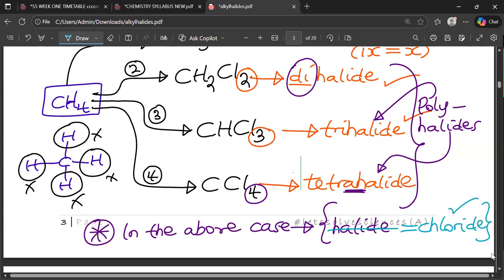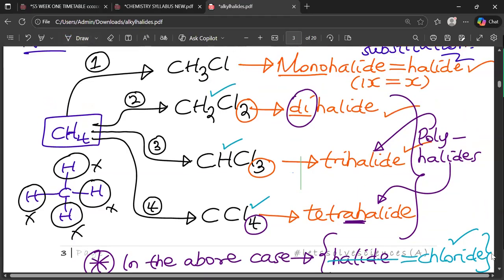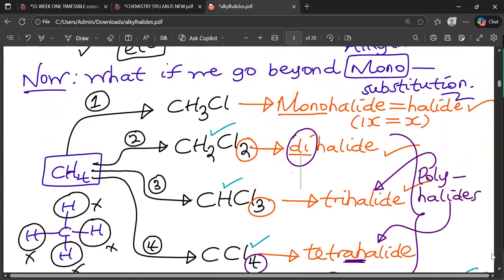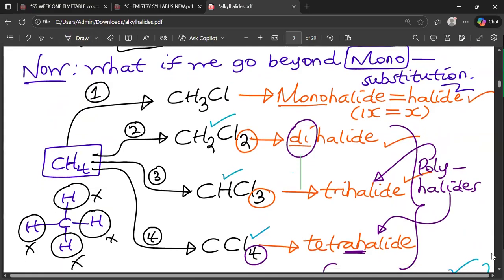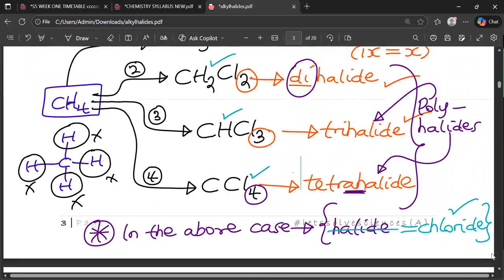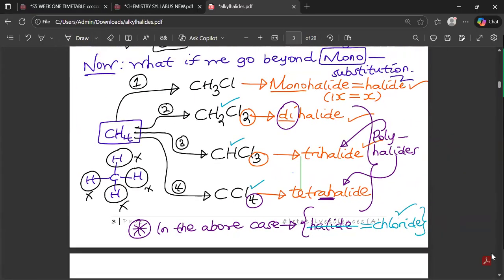What do I mean? Monochloride, chloride. Dichloride, trichloride, tetrachloride. That's why this one is called carbon tetrachloride, carbon trichloride, carbon dichloride, methyl chloride, like that. So what is this all about? The possible substitutions. And why trichloride, tetra, di, and mono is it, and how?